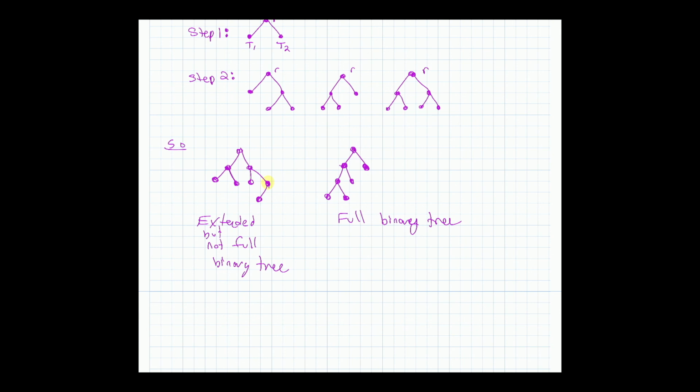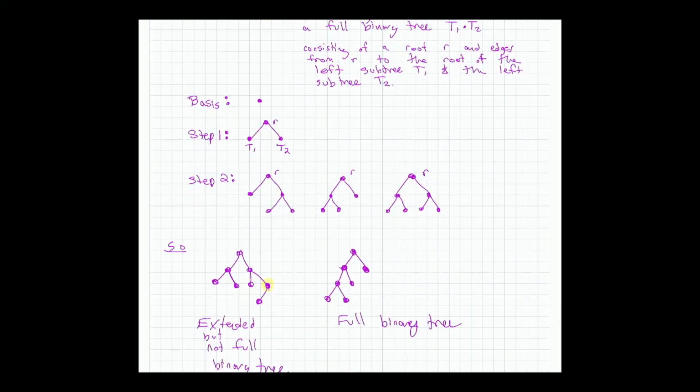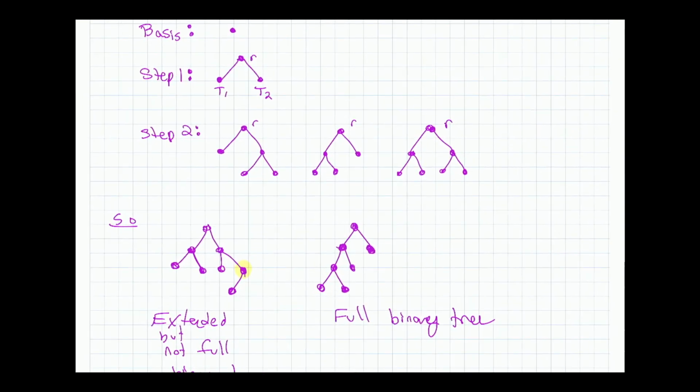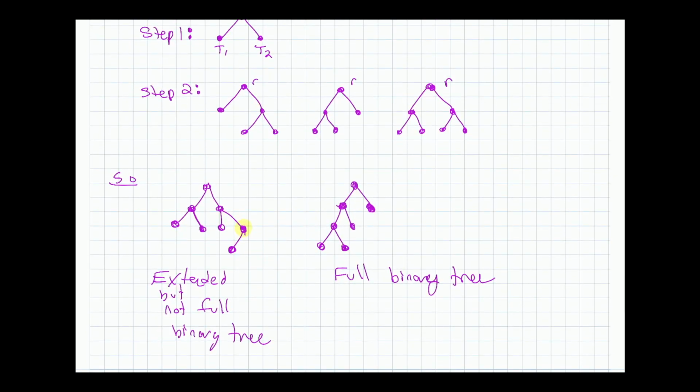There's always a left and right subtree, or there's nothing. And that's the difference. Okay, so that's some kinds of trees. We will do some more proofs about them in the next lecture. Let me stop this recording.